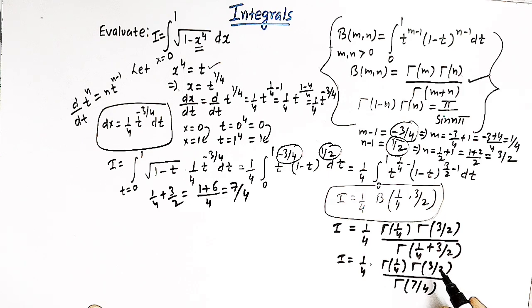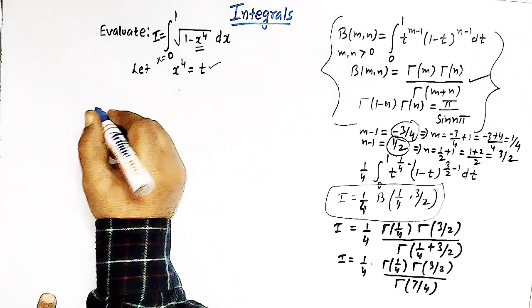Now let us write the values of gamma 3 by 2 and gamma 7 over 4, because here we are going to express this integral I in terms of gamma 1 over 4.